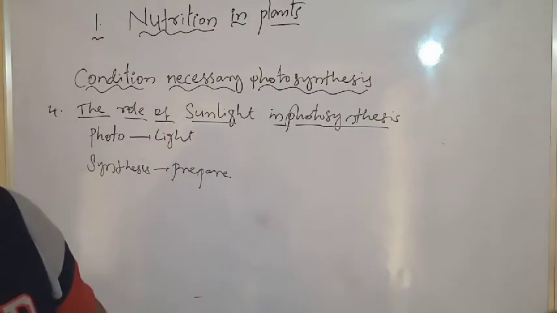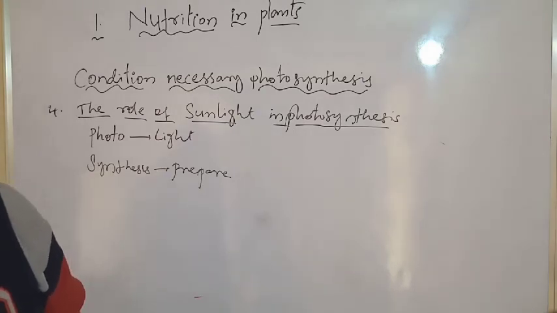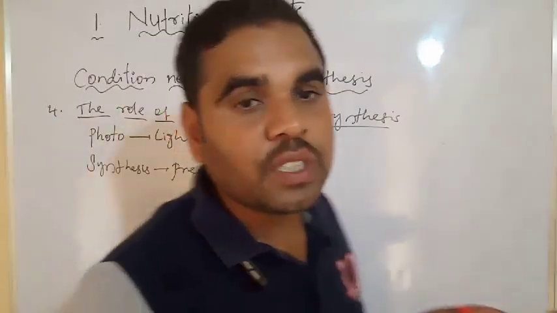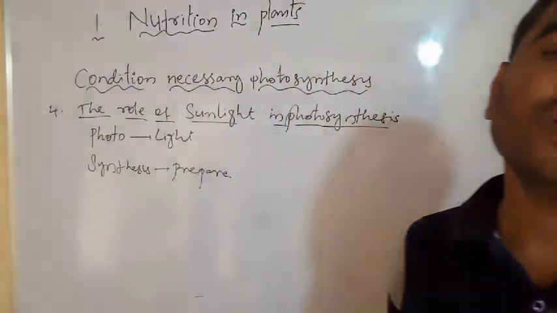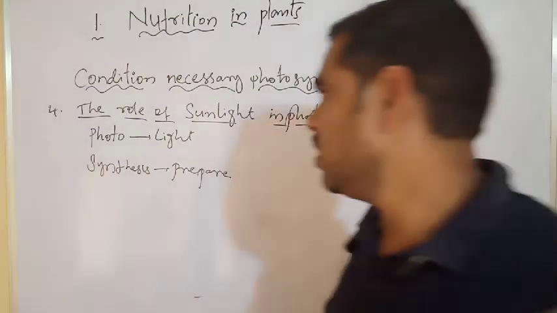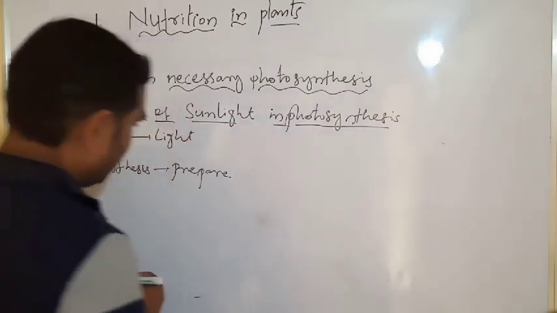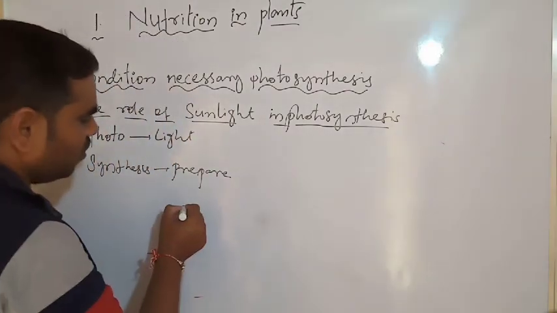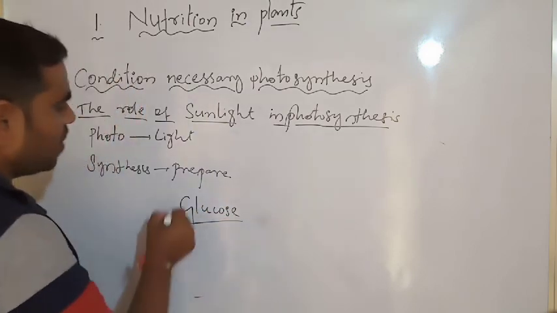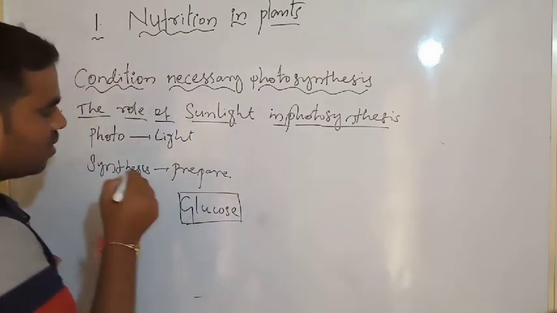See, all the sunlight supplies energy for the food making process called photosynthesis. The sun energy is captured by plants. See, it is captured and converted into chemical energy. Sunlight is used and converted into chemical energy. It is producing glucose in the presence of light.